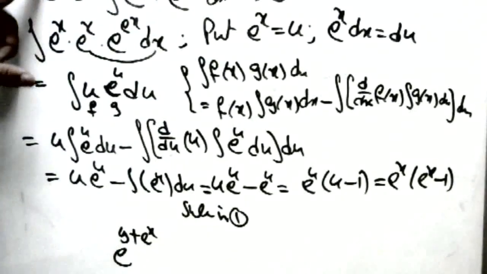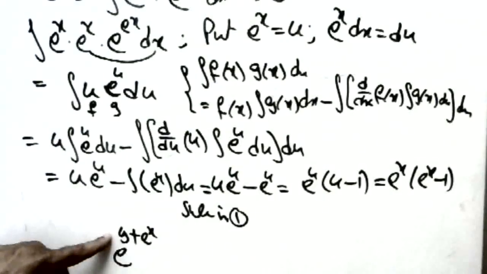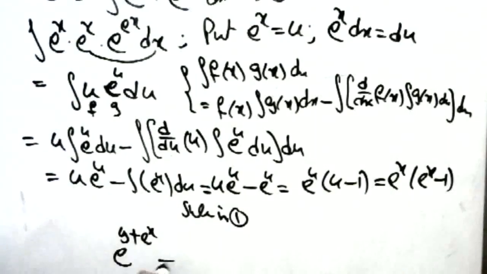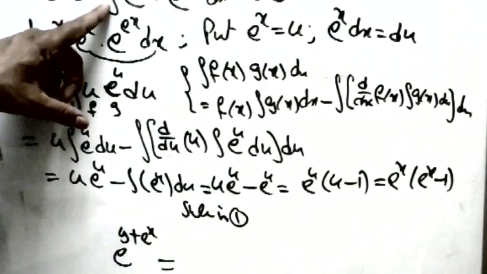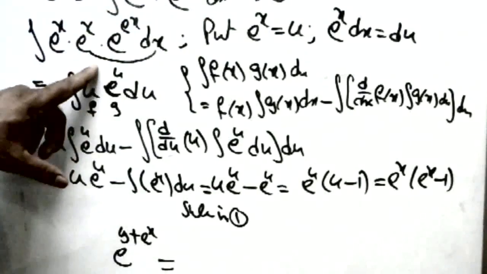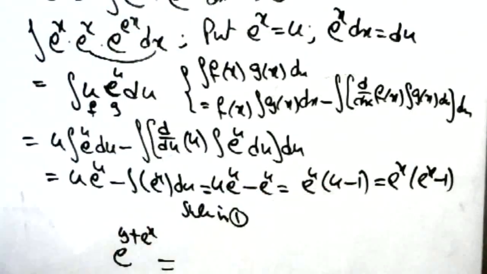Now we have done this separately by the substitution method, so we got the value as e power x into e power x minus 1 plus c. So this is the method of this question.